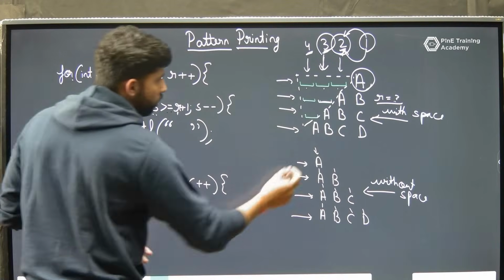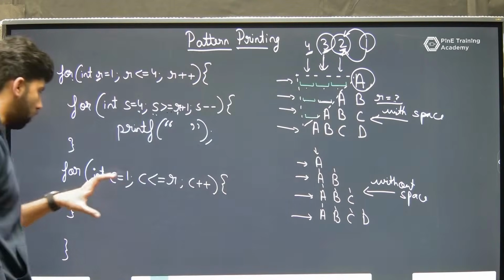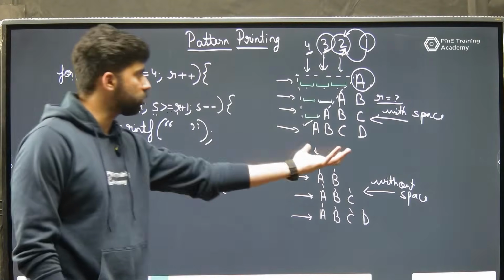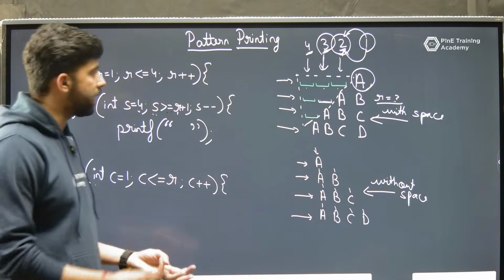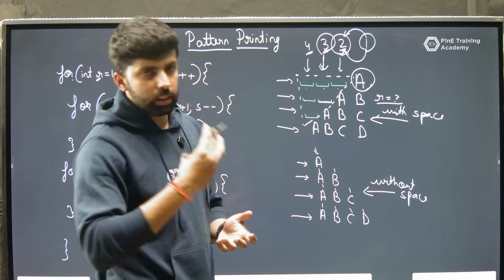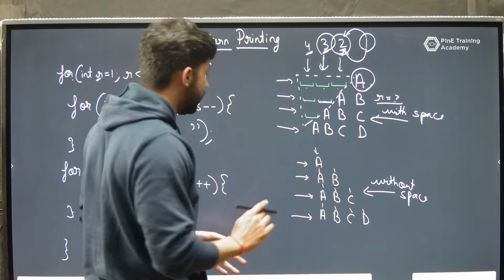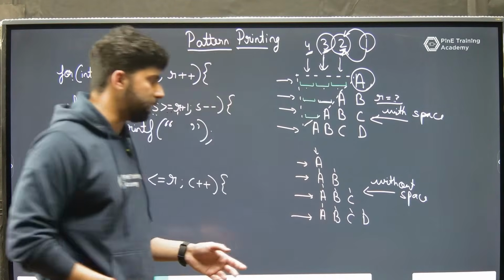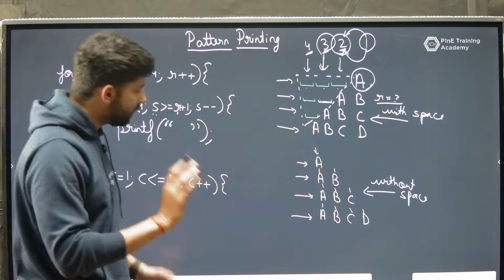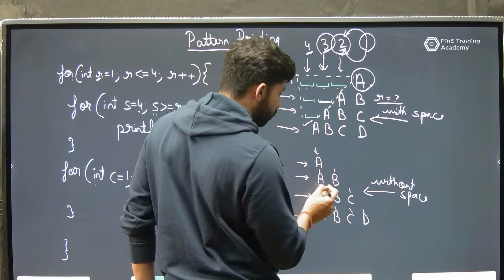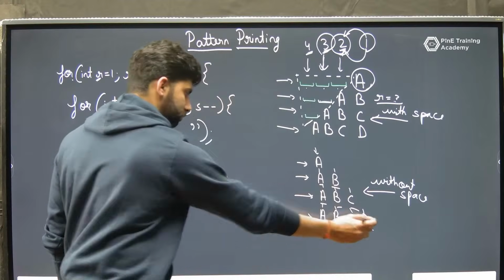Now let's come to the actual pattern. We have already figured out the shape, so the shape part is done. We just need to calculate the third part, which is what to print, and we can see that we are printing the alphabets. In this case, the counting is going only in one part.